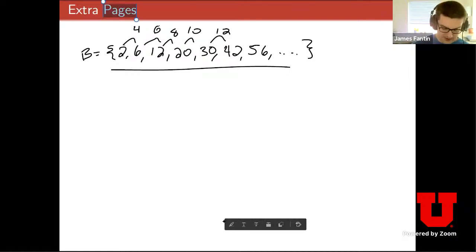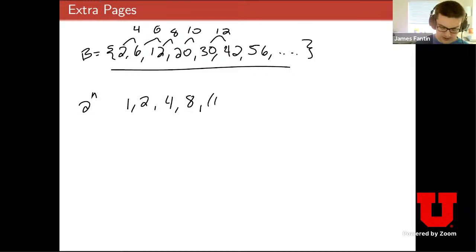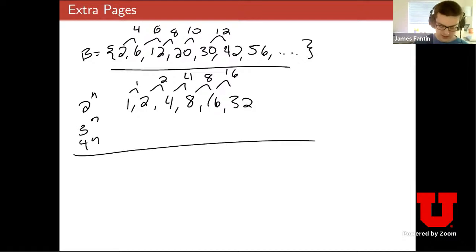For exponentials, you have 1, 2, 4, 8, 16, 32, etc. So we grow by 1, by 2, by 4, by 8, by 16. If the number you're growing is growing exponentially larger each time, so there's some kind of product or extra factor, you're in exponential territory. So you should look at 2 to the n, 3 to the n, 4 to the n, etc.